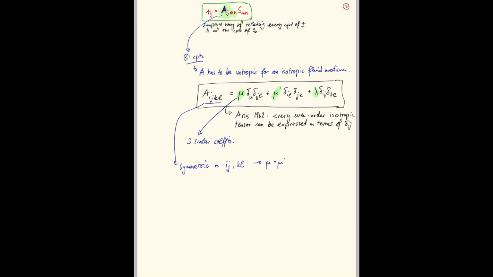And you are left with just Aijkl is 2 mu, and so we're only left with two coefficients, 2 out of 81, which is quite remarkable. So we can plug this now into our equation 1 up here, and the stress tau ij is related to the strain rates via these two coefficients mu and lambda.